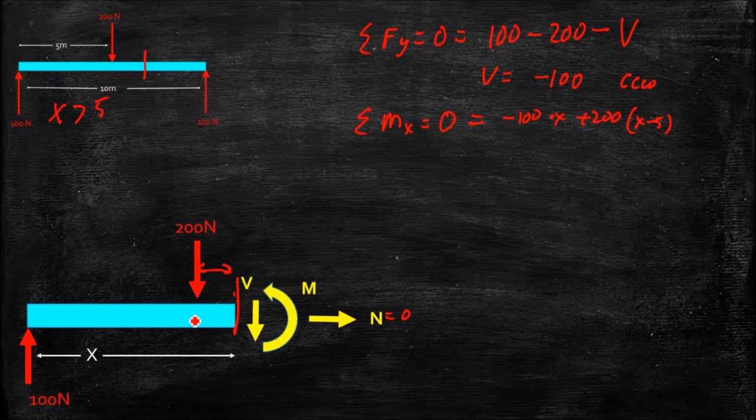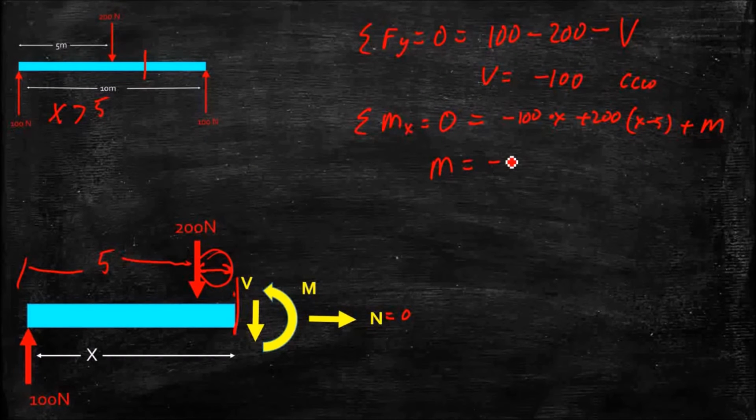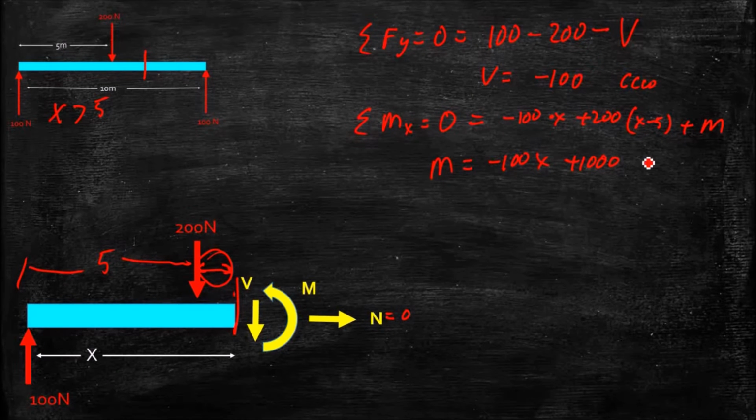If this is x, this is 5 meters here, and this remainder is x minus 5, plus our moment. We can solve for our moment, which is equal to minus 100x plus 1,000 newton meters.